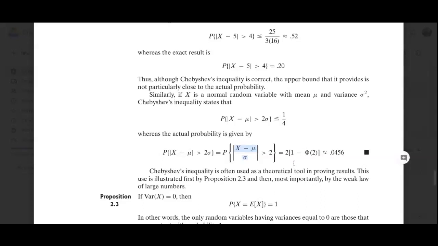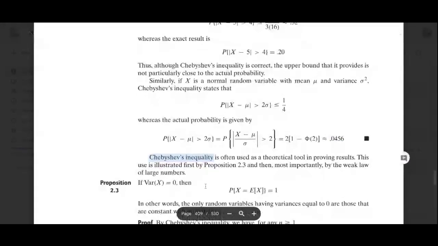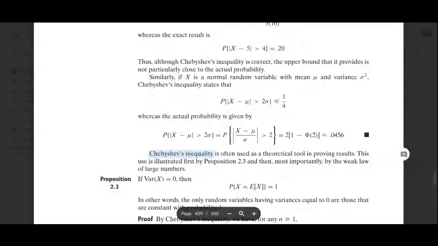That means it is 2 times 1 minus the table value, which is about 0.0456.